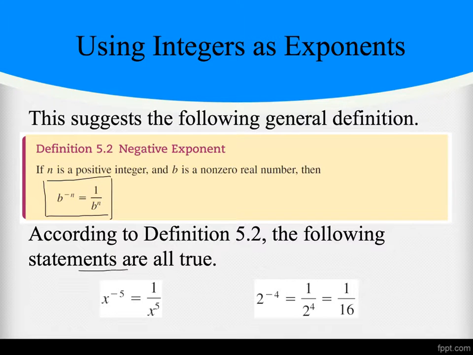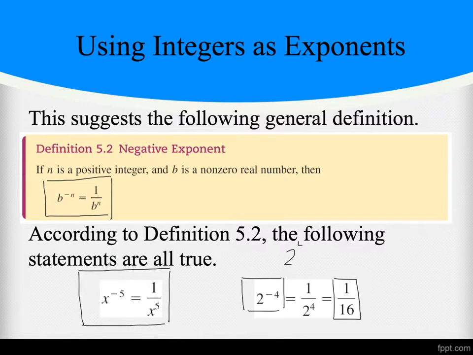These two demonstrate that. If I have x to the negative 5 power, that's the same as 1 over x to the positive 5 power. Or if I have 2 to the negative 4 power, that's the same as 1 over 2 to the positive 4 power, which would be 1/16.